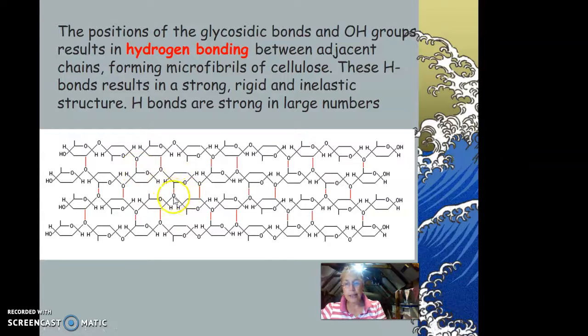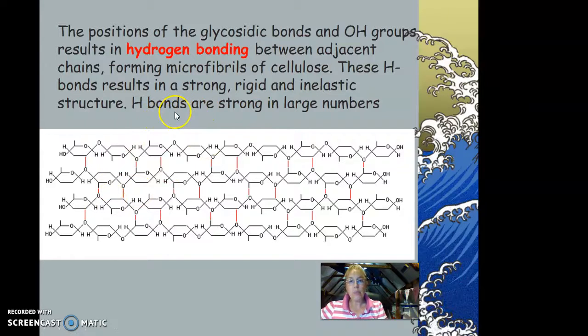This is where the glycosidic bond is, and that's that carbon that sticks up. That's the 6th carbon over there. And these hydrogen bonds help to keep those chains together, which allows it, as it says over here, these hydrogen bonds result in strong, rigid, and inelastic structures.